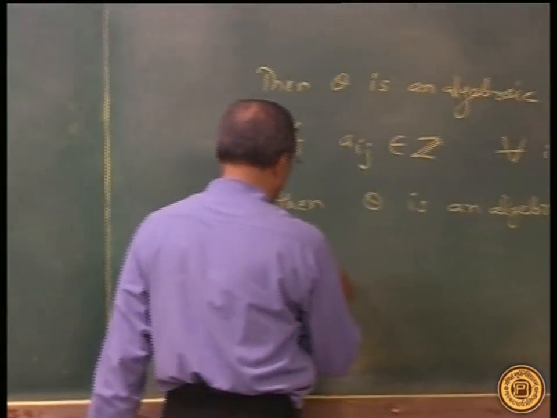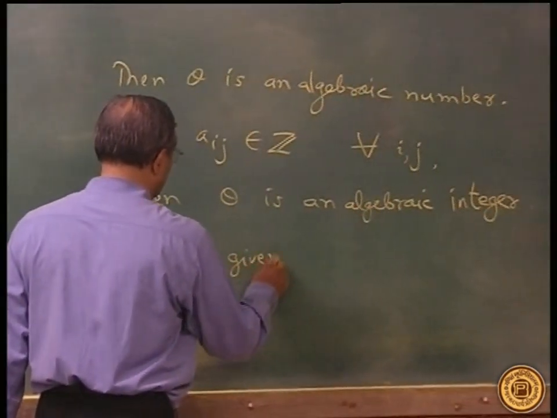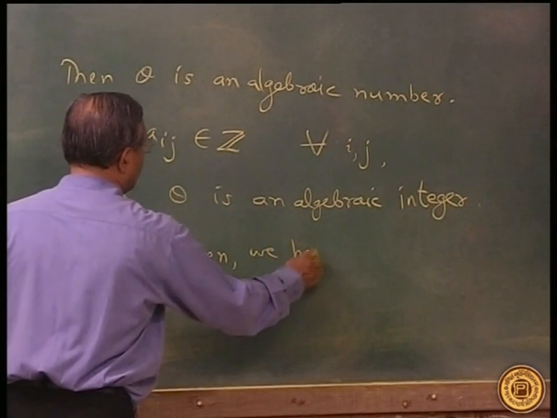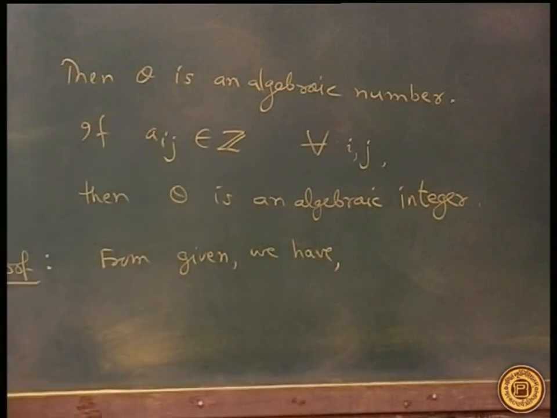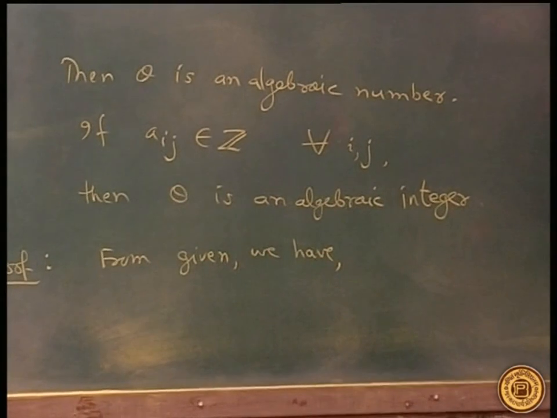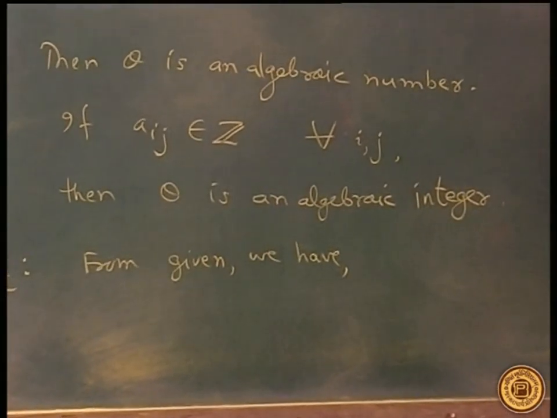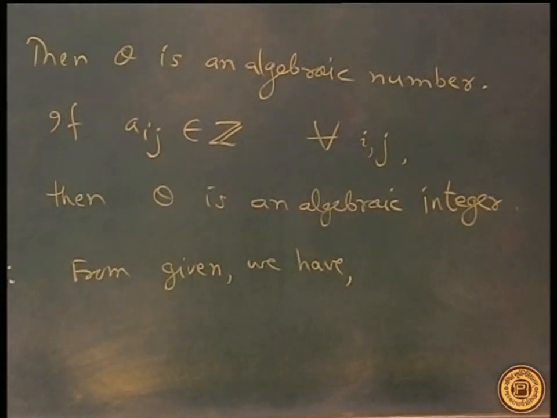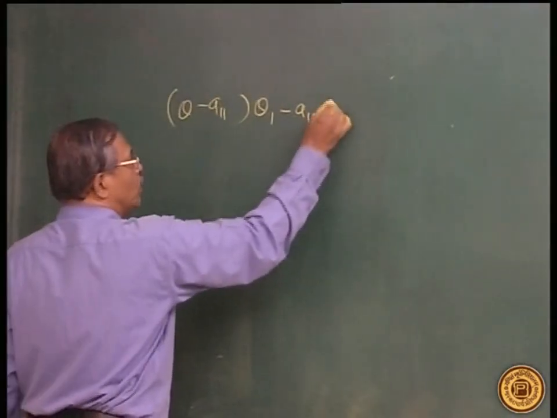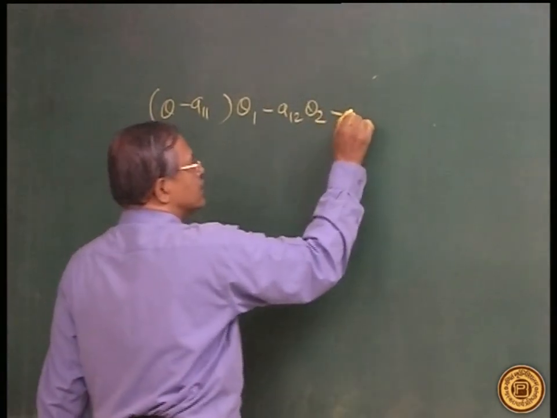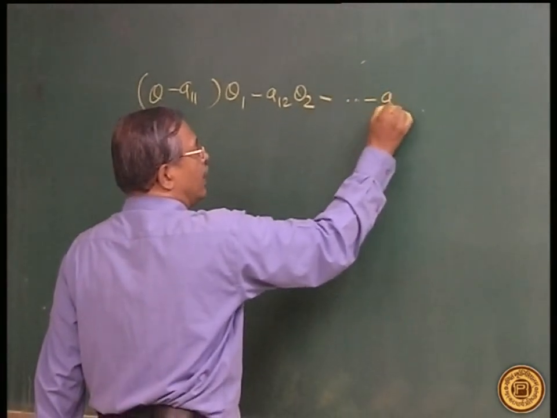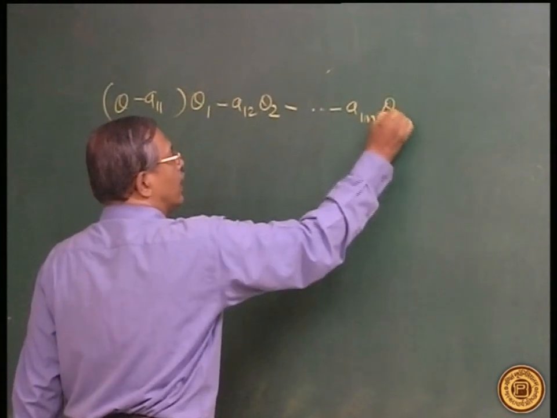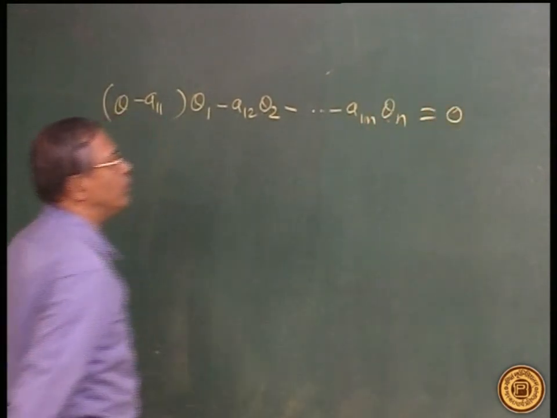From given, we have theta minus a11 theta 1 minus a12 theta 2 minus etc. minus a1n theta n equal to 0.